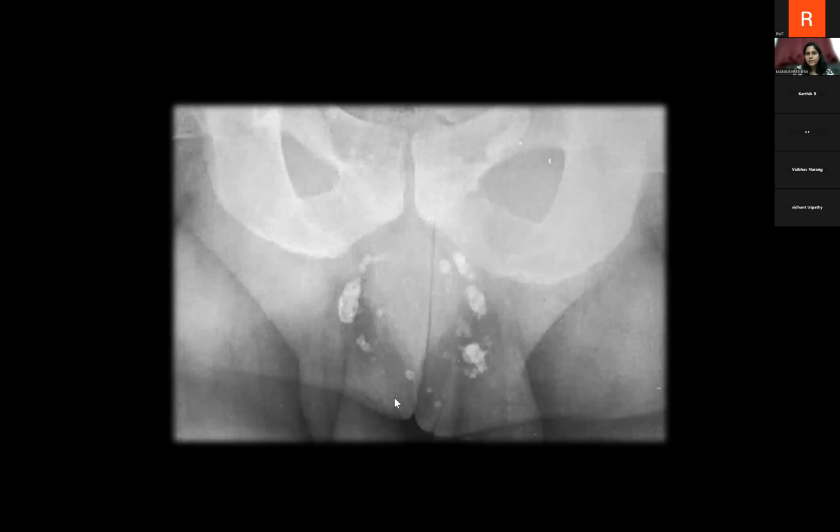So, how do we differentiate if it is not here and if it's somewhere here? How do you differentiate between the phlebolith and ureteric calculus? There are two signs, right? So, what is the sign for phlebolith on CT? Sign for phlebolith on CT.